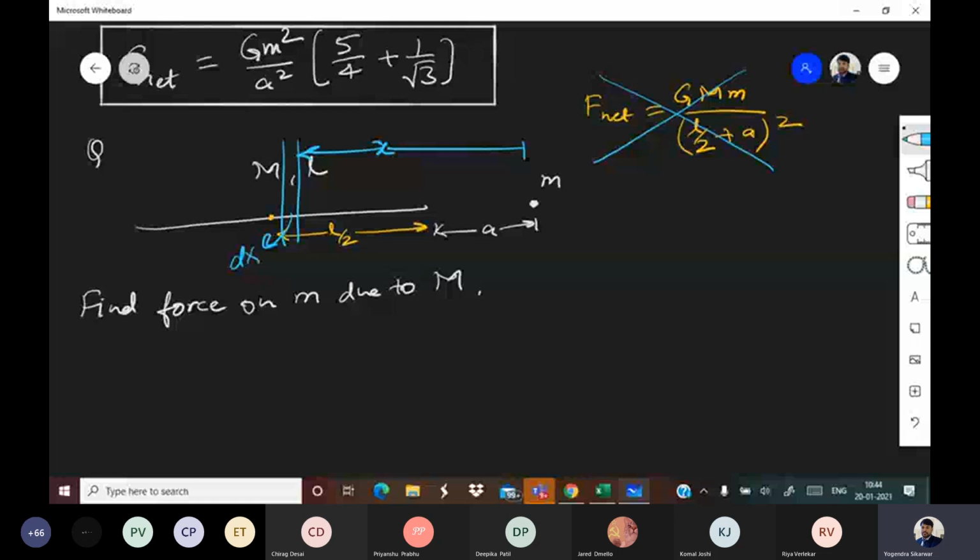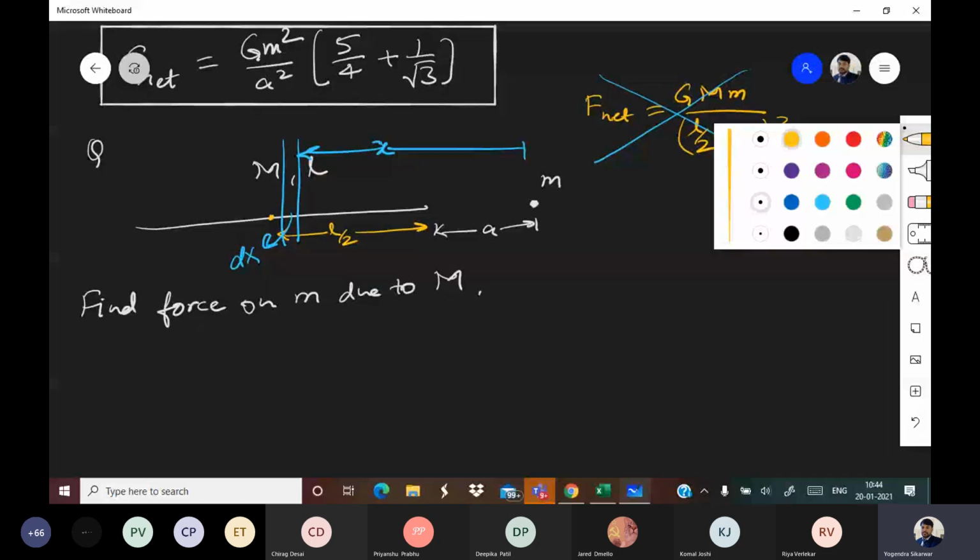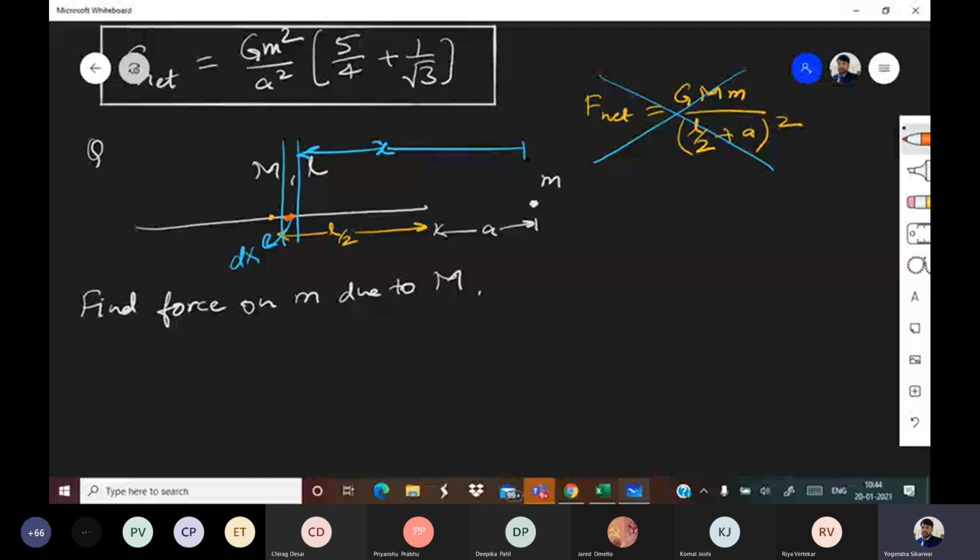Its length is so small that it can be treated as a point mass, and suppose its mass is dm. So the force between small m and dm will be a very small force, which we represent by dF, and that will be G dm small m upon x square, because now the distance between small m and the point mass dm is x.